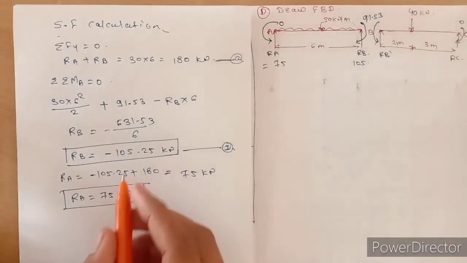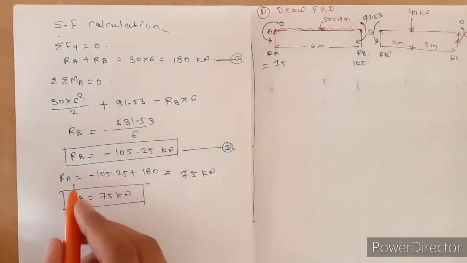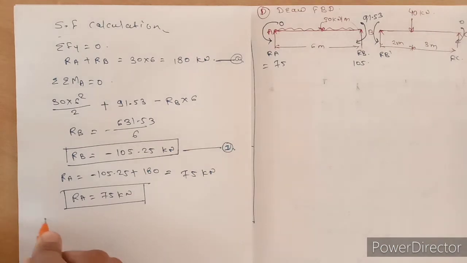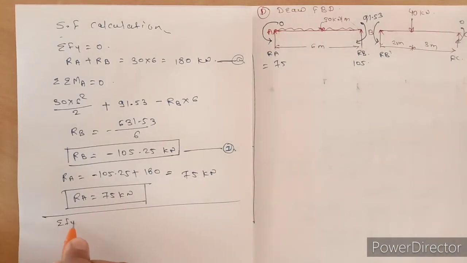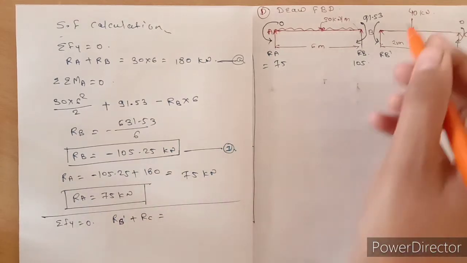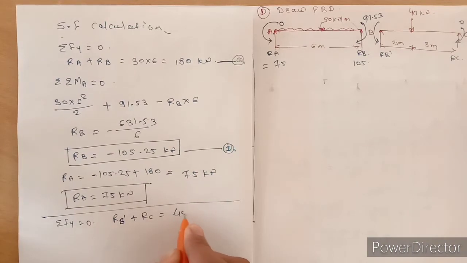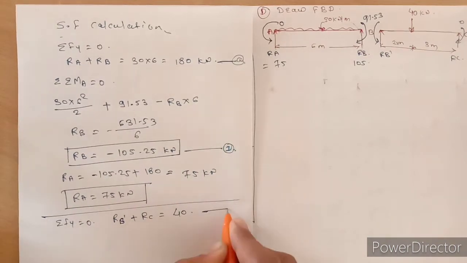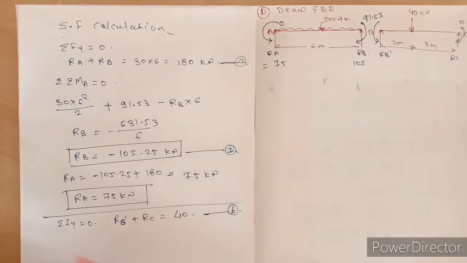So here take BC member, summation Fy is equal to 0. That means RB dash plus RC is equal to the load, 40 kilonewton. This is equation number B. Then take moment at point B dash is equal to 0.